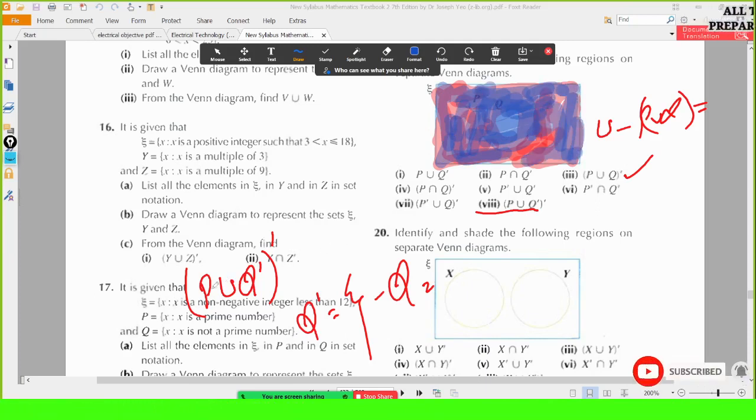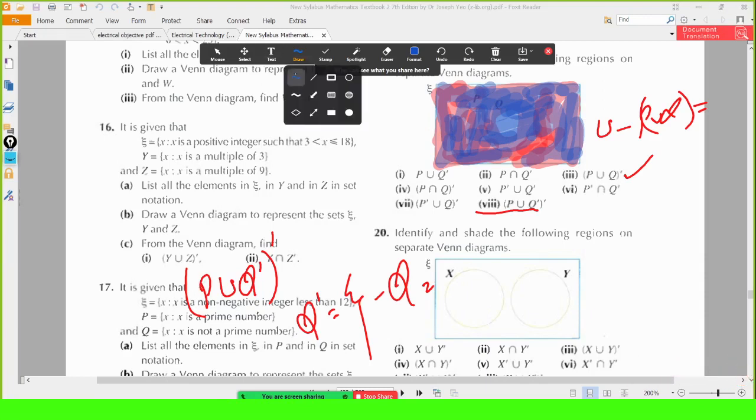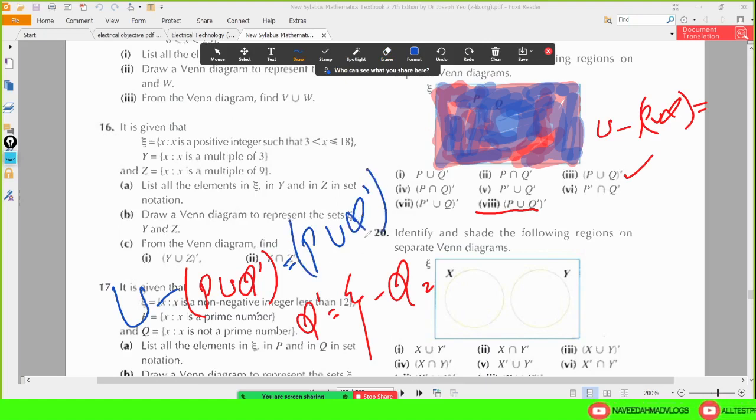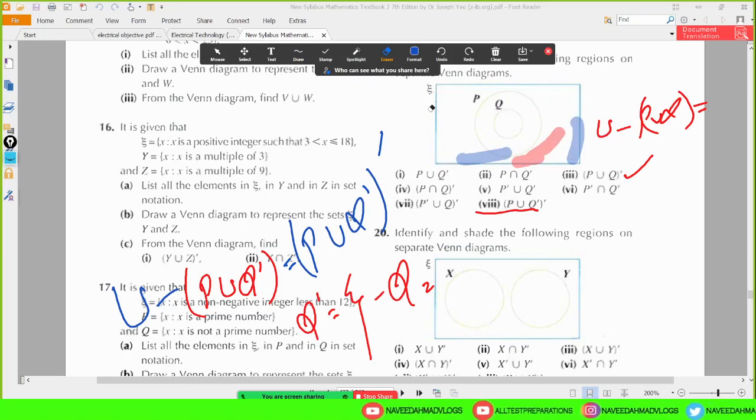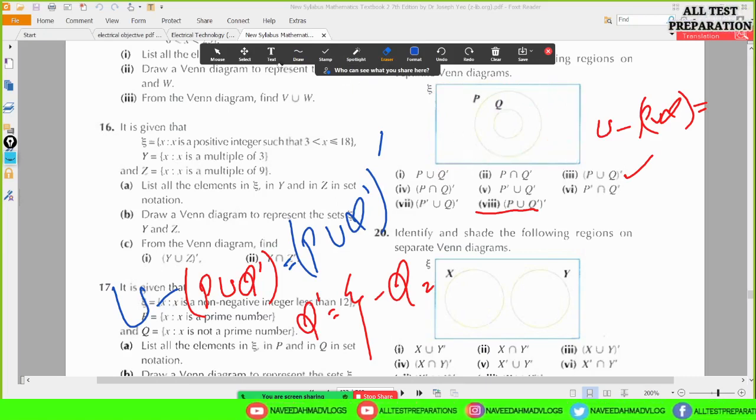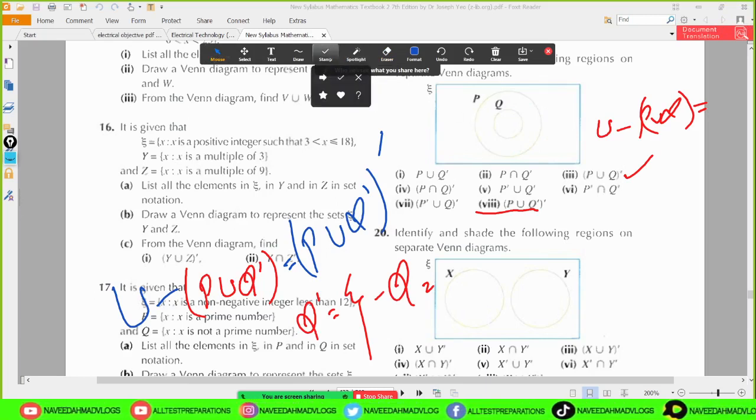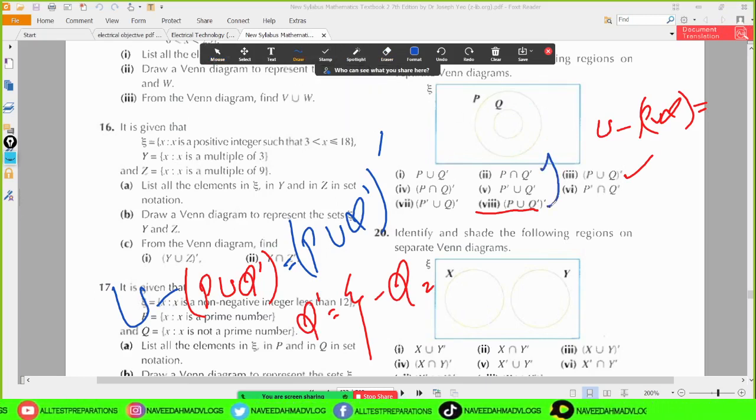Then you will subtract, U minus P union Q bar, that is your P union Q bar whole bar, okay. So subtract, and there will be no shaded region. Shaded from shaded will give you nothing, okay. So this will be the final answer. That's the answer. Got it?